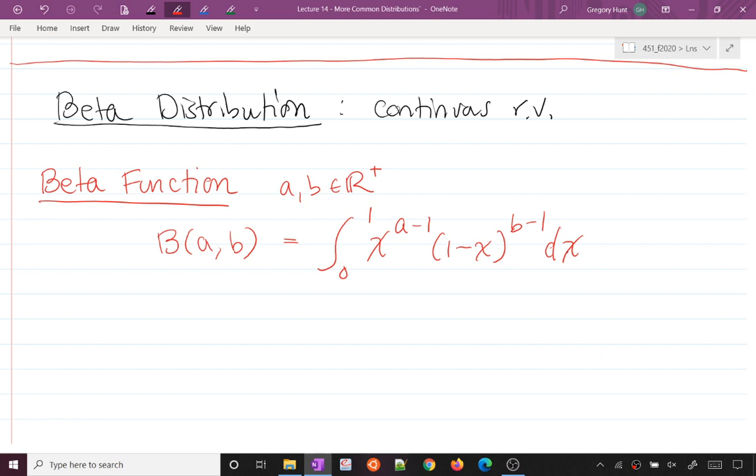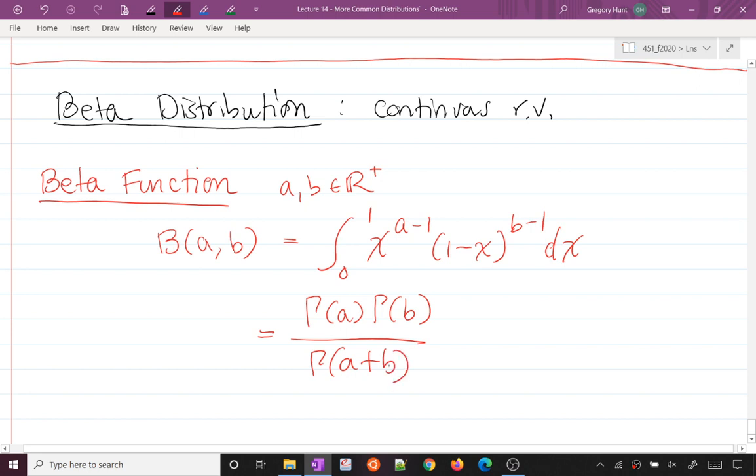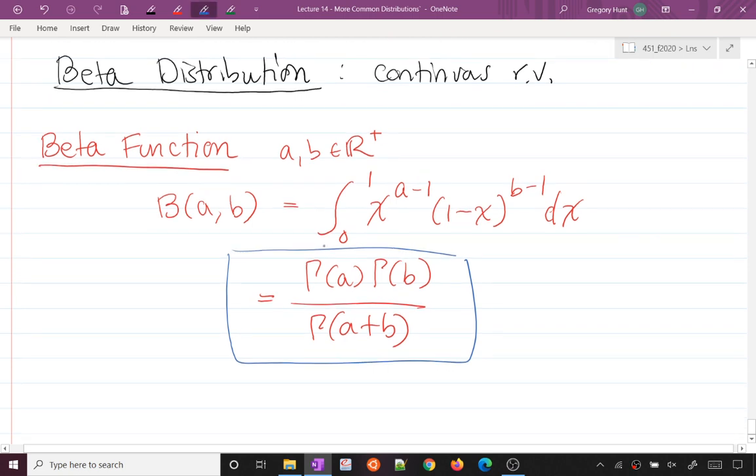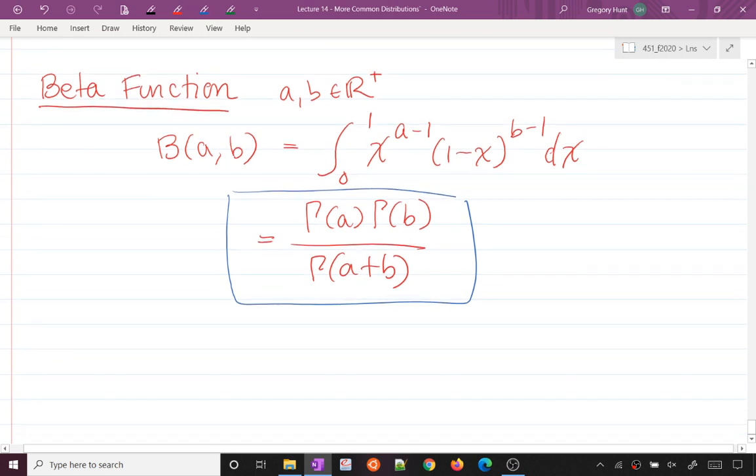Nobody actually does that. Really, the fact to know is that the beta function is related to the gamma function in the following way. Beta of a, b is gamma of a times gamma of b, over gamma of a plus b. This is the more important fact to remember. And then, typically if a and b are integers, you can relate this to certain factorials. So that's the beta function.